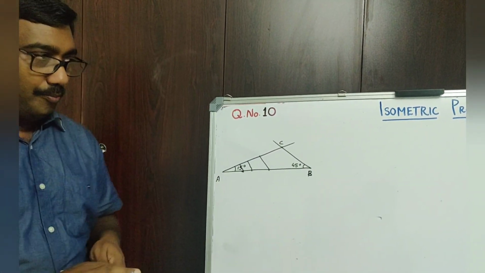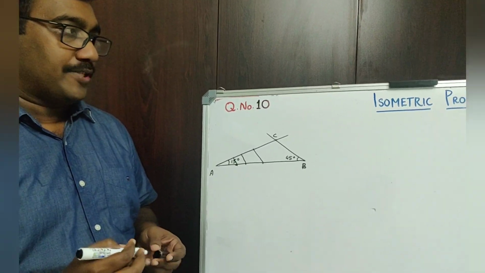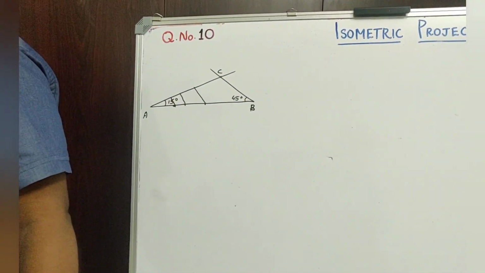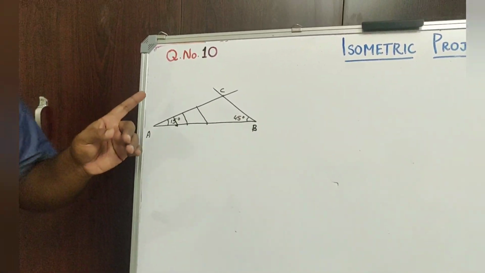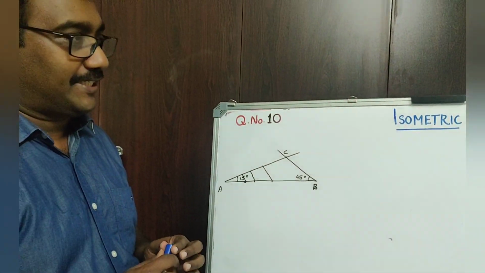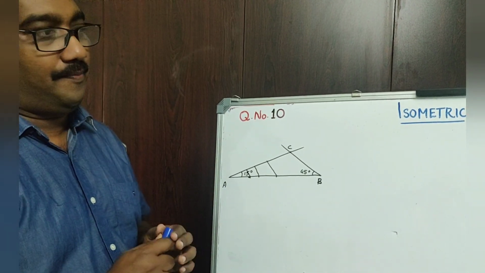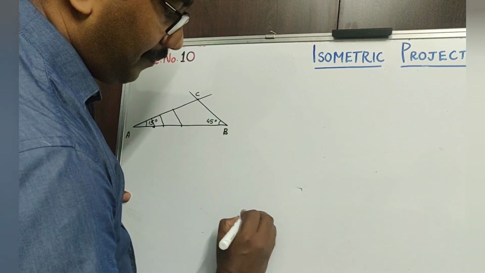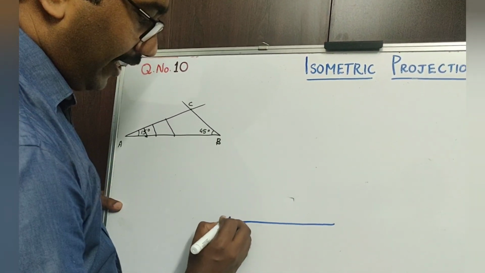Now we will move to draw the simple position. How to draw the simple position? The simple position is also drawn with the dimensions from the isometric projection, using the isometric scale. Initially, you can have the XY line.